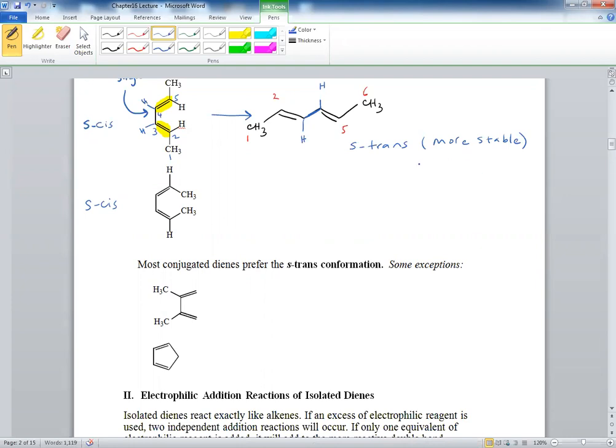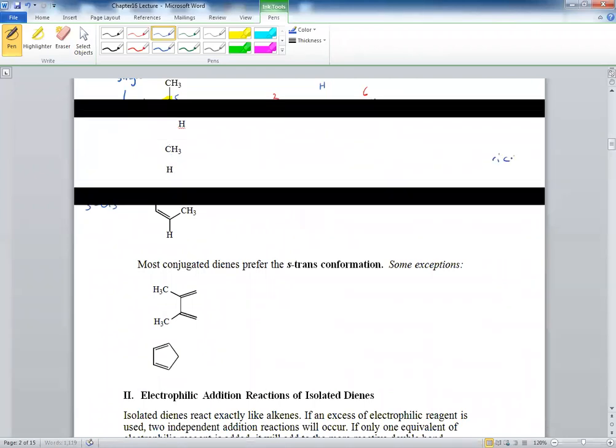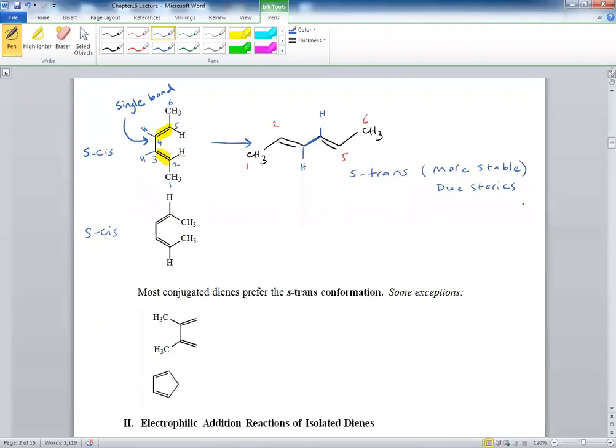So this is a more stable conformation due to sterics. And generally the sterics, I'm going to mention this really quick, is between these two H's. There are these electron clouds, and the H's are repelling each other. So that's causing a steric strain. Similar to this as well.